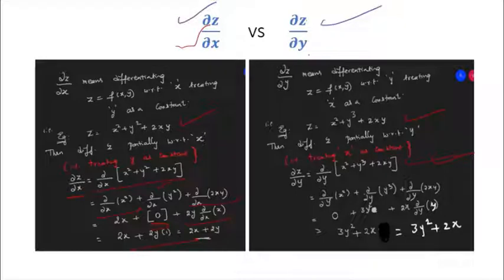So dou z by dou y is dou by dou y of x square plus dou by dou y of y cube plus dou by dou y of 2xy. Dou by dou y of x square is 0, and dou by dou y of y cube is 3y square, and dou by dou y of 2xy is 2x, you bring it out, and dou by dou y of y is 1. So you have here 3y square plus 2x.